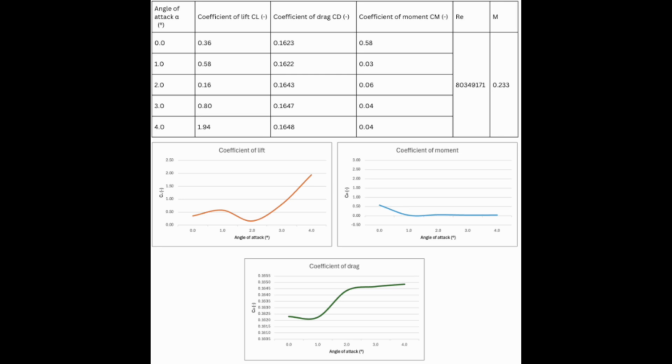This would thus increase lift and drag as pressure difference is increased, while the density, velocity, and reference area do not change.